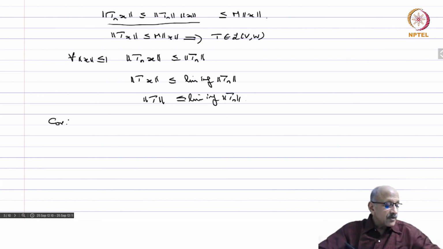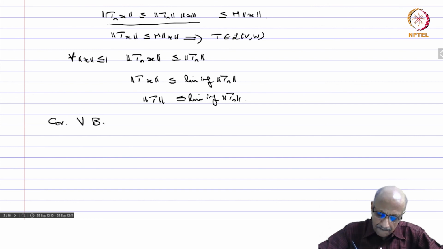Okay, next corollary is again a very nice corollary. So V is Banach and B contained in V is some set.